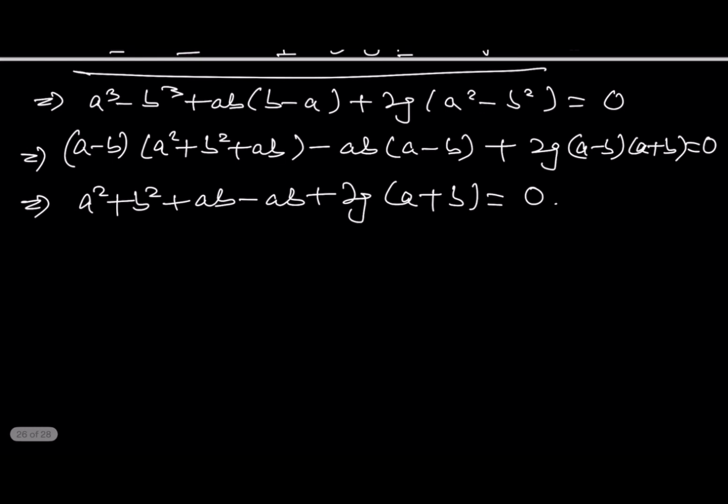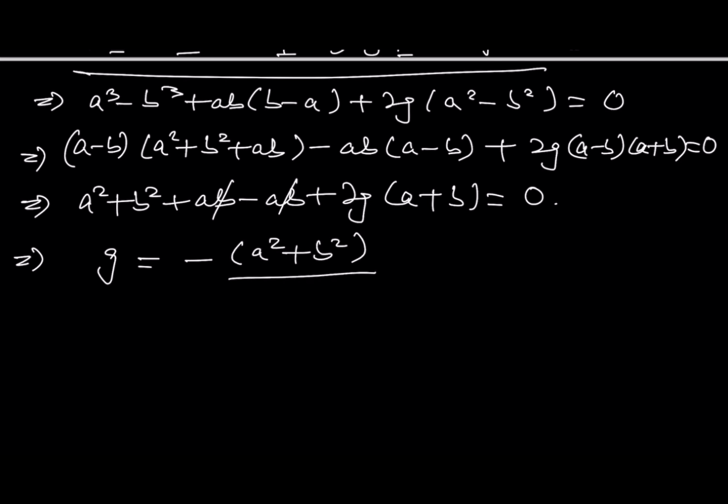Then it results in g is equal to minus of (a square plus b square) upon 2 times (a plus b), right?